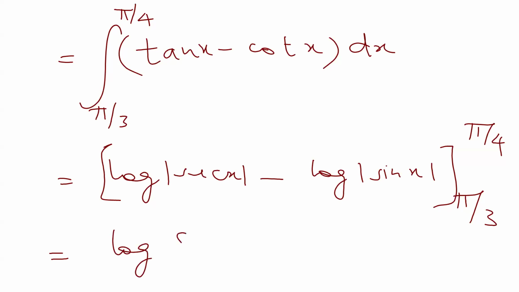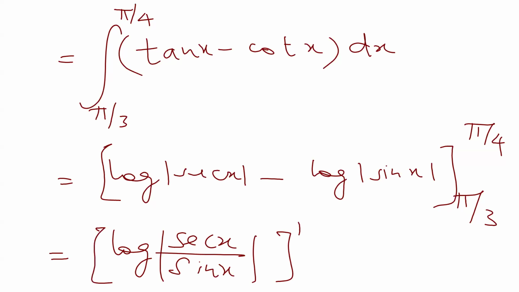Log a minus log b is log a upon b. If you take sec x as 1 upon cos x, that cos will go down in the denominator, nothing will happen. So keep it as it is.